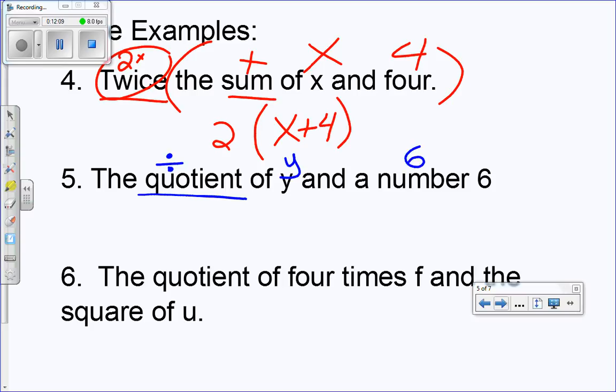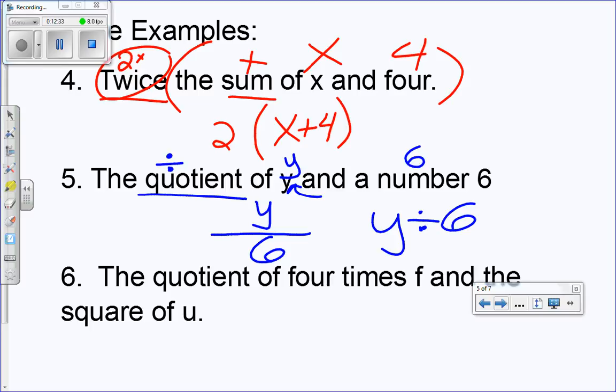So when you have a division like this, whatever comes first, in this case it's the y, that goes on the top. That's your numerator. 6 is my denominator. Of course, you could write it sideways like this too, 100% fine. Just keep in mind that both of these are division. That's what a fraction is, it's division. So the quotient of y and a number 6.